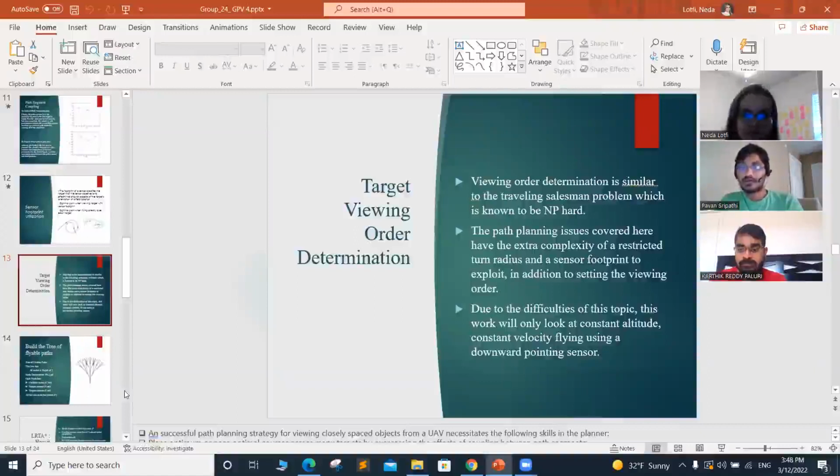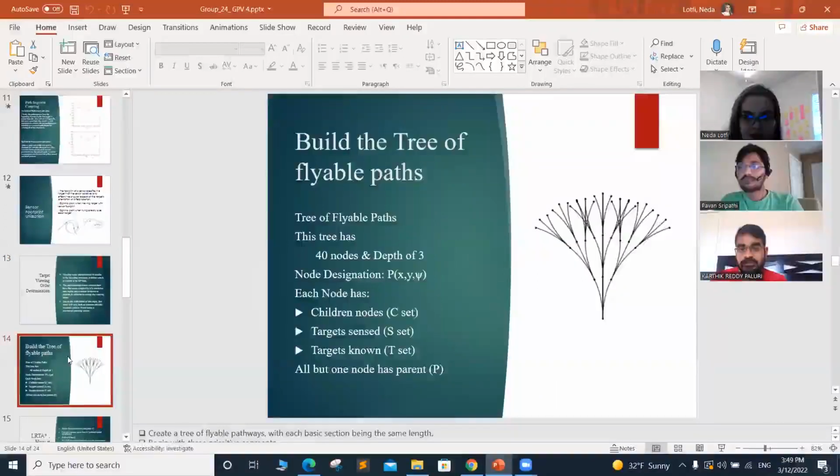Due to these difficulties, it works well only at constant altitude and velocity flying with a downward pointing sensor. A successful path planning strategy for viewing closely spaced objects from a UAV necessitates the following skills in a planner: utilizing the whole sensor footprint to observe the targets and determining the viewing order of the objects, providing the minimal length path.